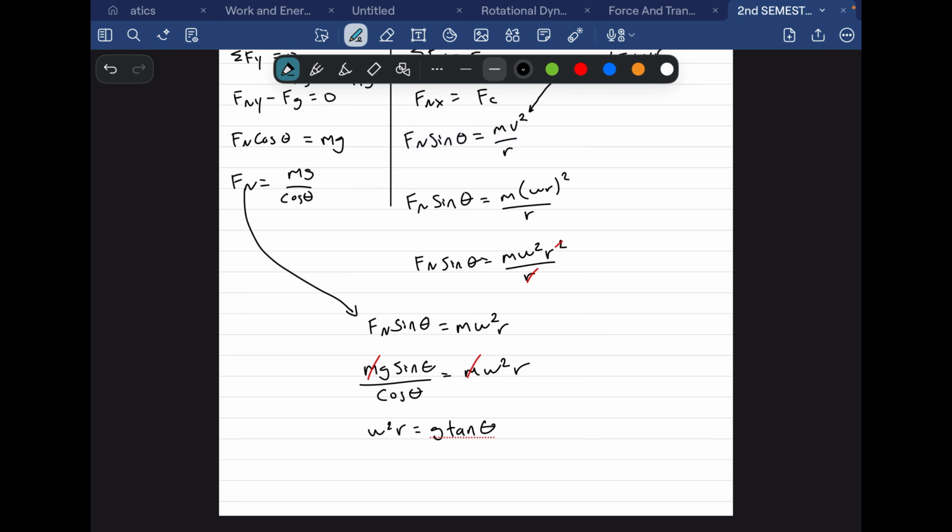Divide by r. So you get omega squared is equal to g tan theta over r, and then square root both sides. So our final equation is omega is equal to radical g tan theta over lowercase r.